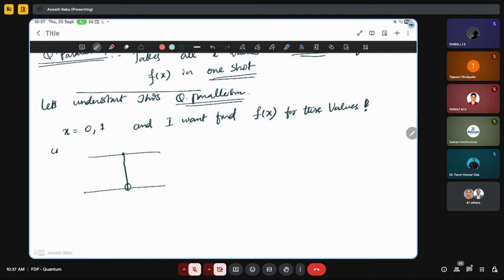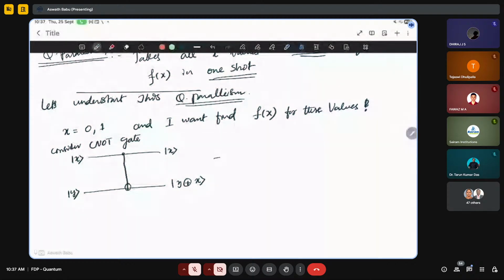As you know, if there is a control and there is a target, control goes as it is without being changed, but the target gets flipped. If x is equal to 0, nothing flips. If x is equal to 1, it flips.